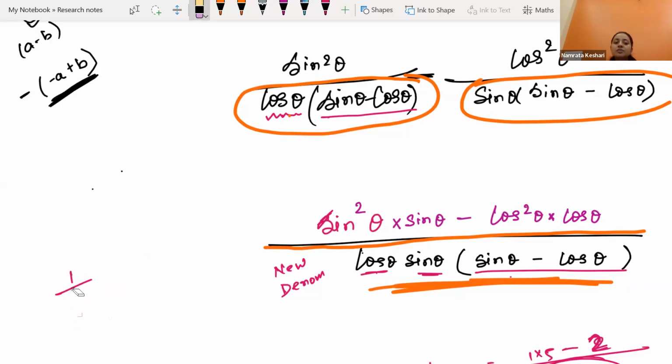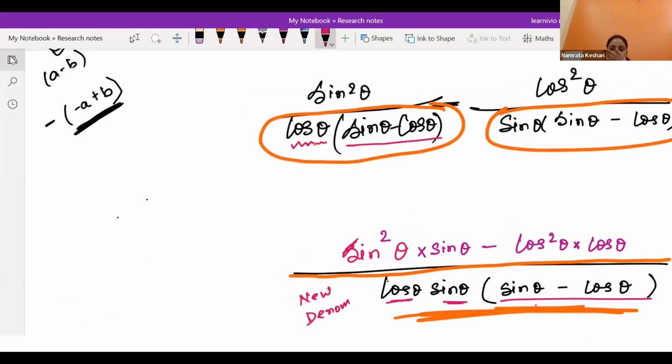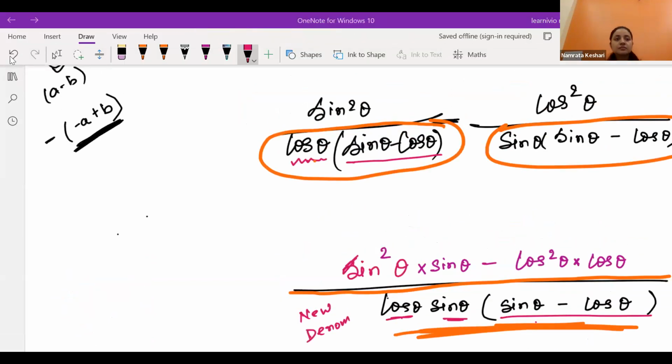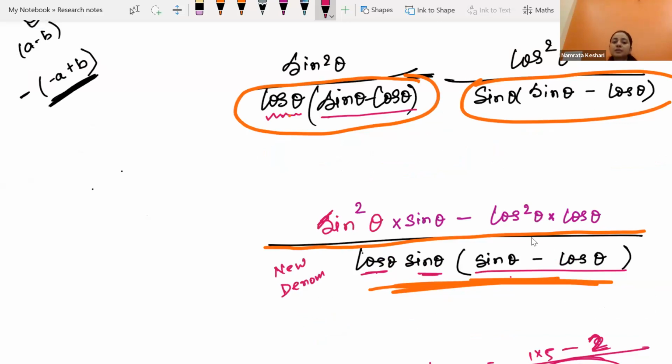For the LCM, Harshit, recall that LCM means first we write the common factor. From these two circles, if I ask you what is the common factor, Harshit?